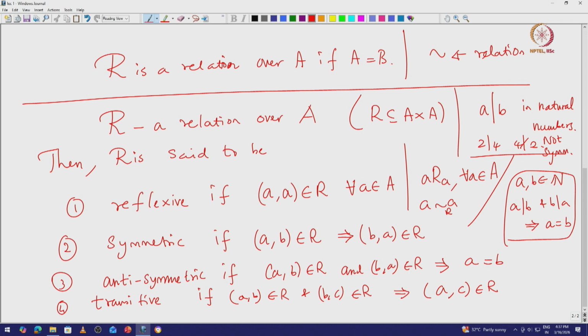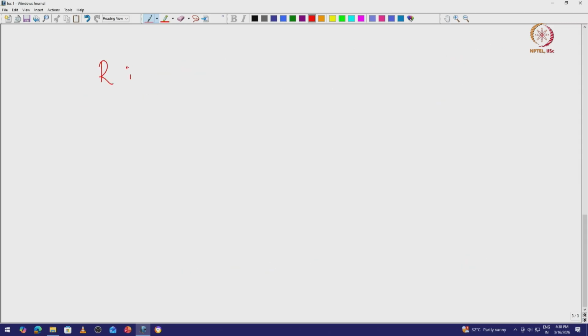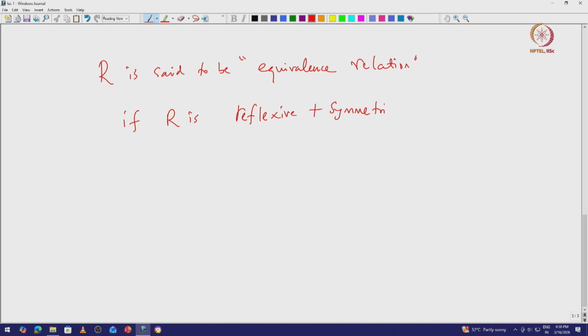And we call a relation an equivalence relation if it is reflexive, symmetric and transitive, okay. R is said to be an equivalence relation if R is reflexive, symmetric and transitive, okay.